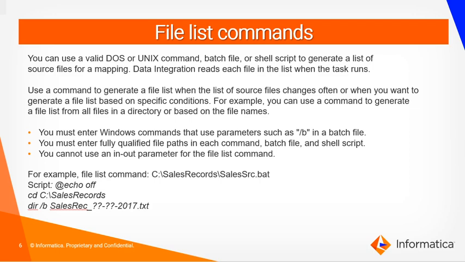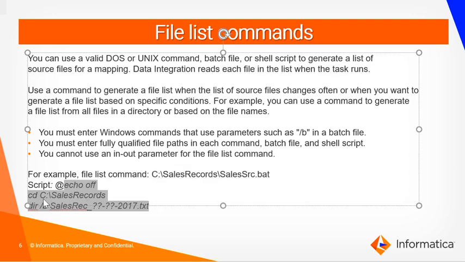Here, the sample file list command that is shown is the C drive path and then salessource.bat. The script that is present inside this bat file would look something like this: echo cd the directory path, and it is selecting all the files of this specific format.